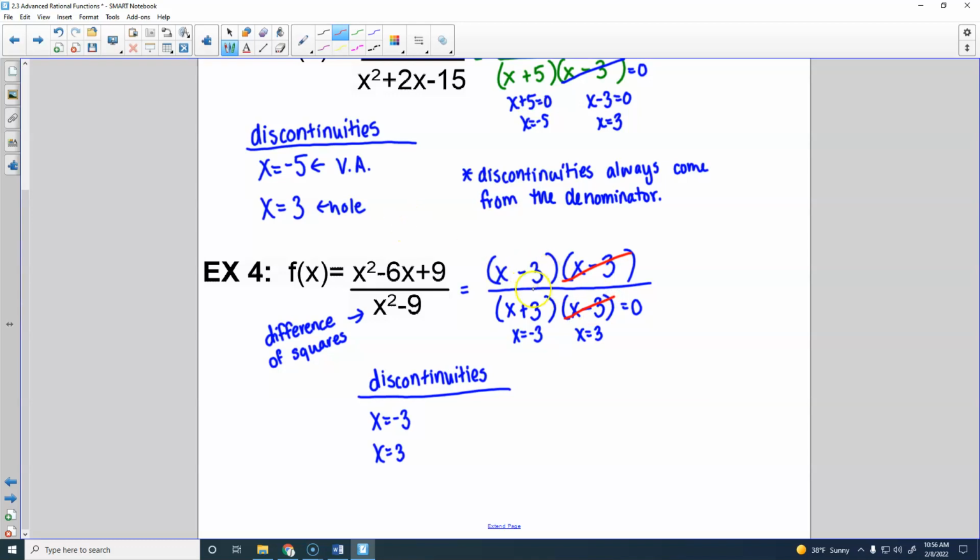Right here I've got x minus 3 and x plus 3. They cannot cancel. So for my x minus 3, the point that goes with that is x equals 3. So this one is going to be a hole in the graph, or removable discontinuity. The x equals negative 3 is going to be a vertical asymptote.